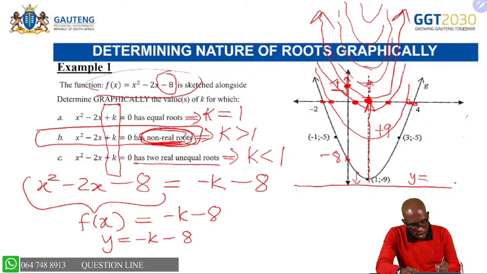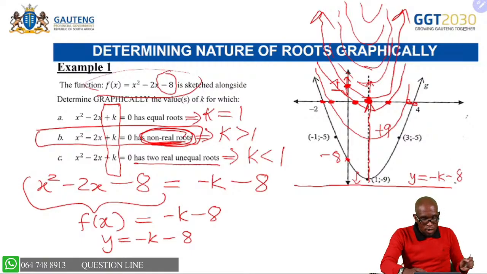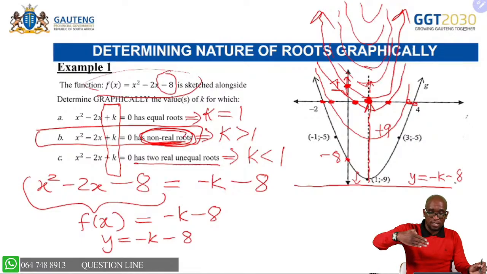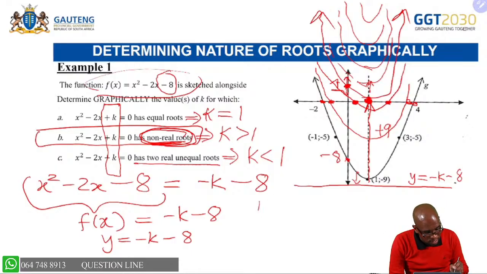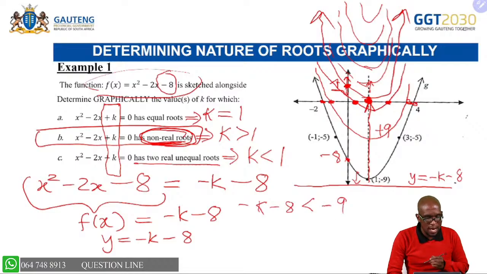My line is y is minus k minus 8. So I'm looking at where this line, minus k minus 8, is below the turning point. So I have that minus k minus 8 should be less than minus 9. That's what should happen for this line not to touch the graph.